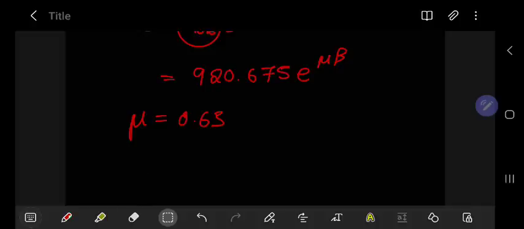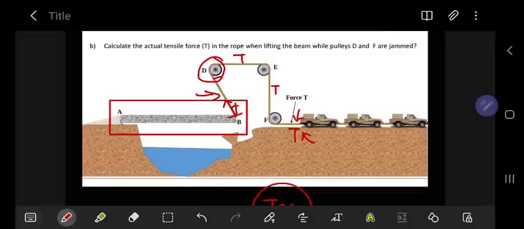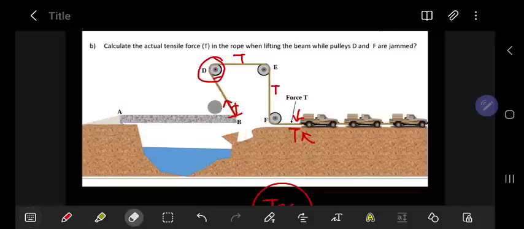Now to determine the angle beta, since what we know is this angle on this side is 60, I'll subtract 60 from 90 degrees and find this angle on this side as 30.